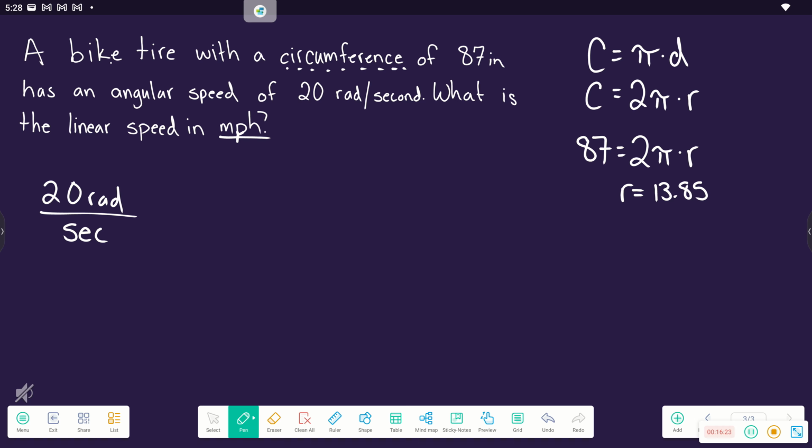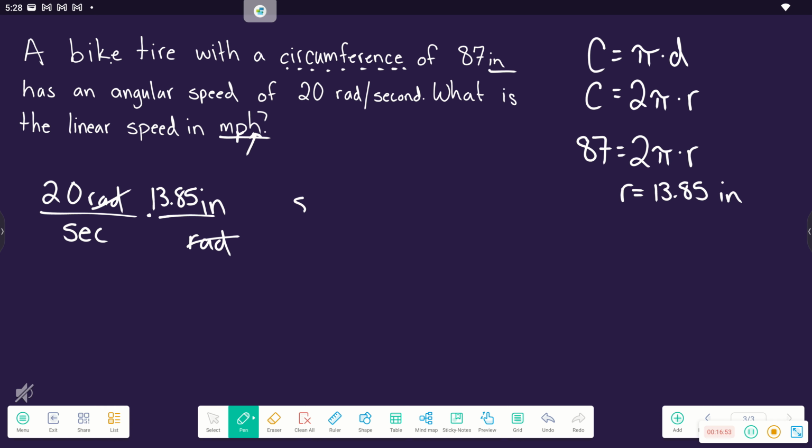Now that I know what this is, specifically, again, use your units. It's still in inches. I can change my radians into inches because I know one radius is 13.85 inches. Okay. Now we are on the move to get from seconds to hours.